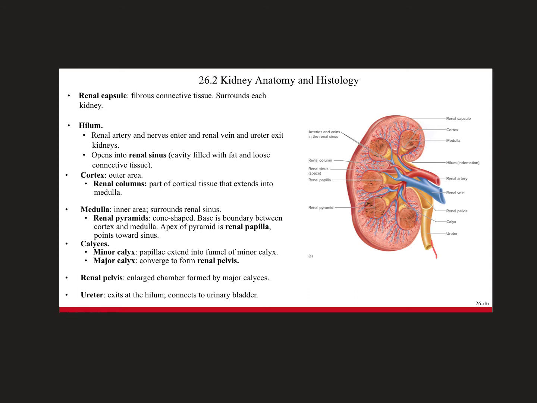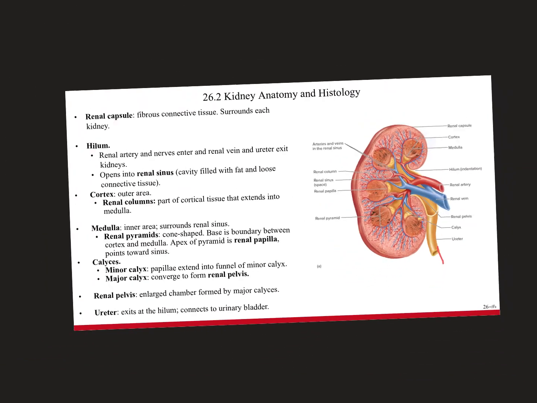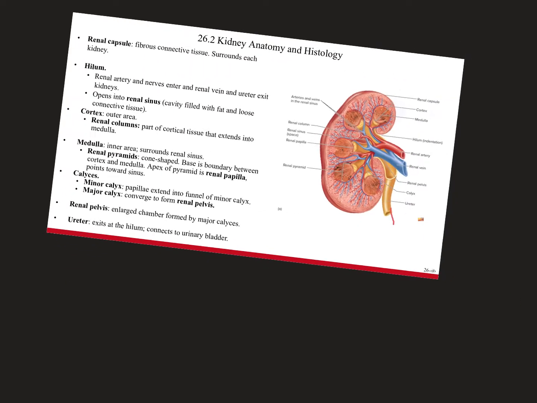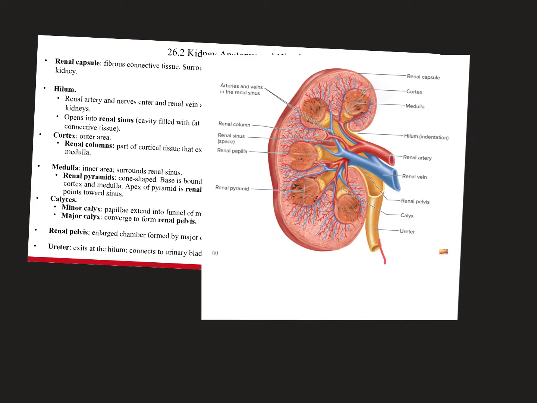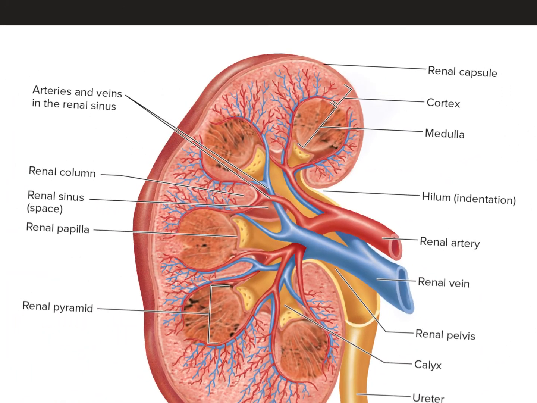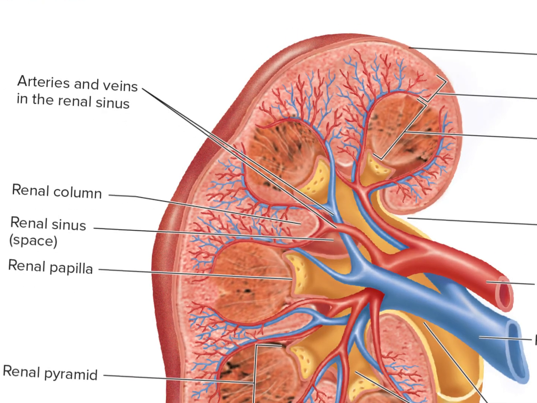So if we blow this up, let's make this bigger. Oh, there we go. Okay, so if we blow this up and we look at the kidney really close up, this piece right here, I'm going to make it green because I think that will help.